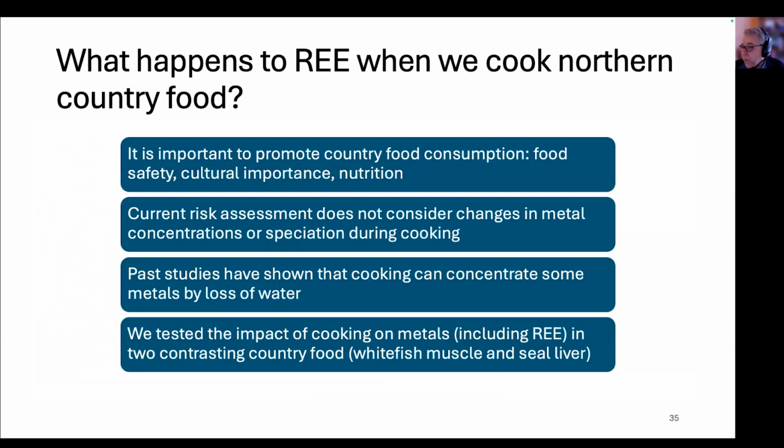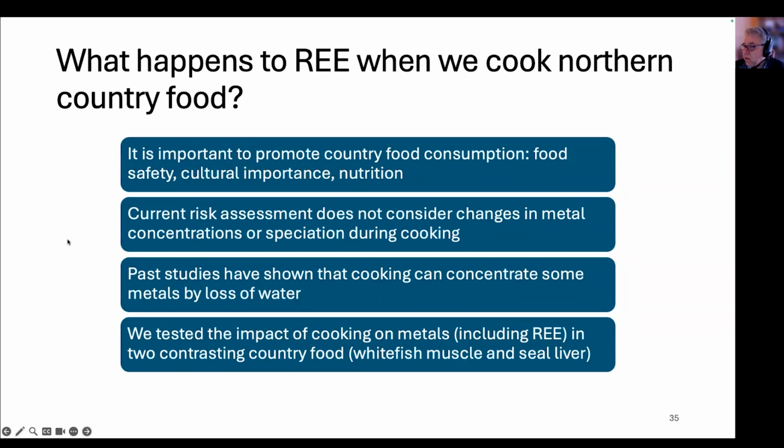And the last part of the talk was about country food cooking. So maybe that's a bit different from what is usually presented. Country food is really important culturally and for the nutrition of these populations. There is an important issue of food safety because some people do not eat as much as they want.